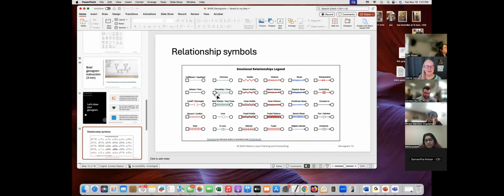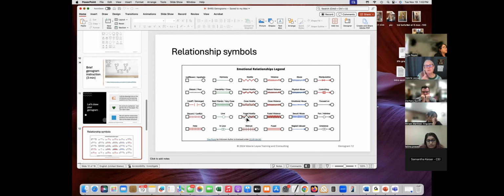The smooth solid lines, as you can see, usually mean a good solid relationship, solid green lines. Dotted lines indicate some distance or a poor relationship. The wiggly lines indicate hostility, and the compressed wiggly red lines indicate violence, and the compressed wiggly blue lines indicate abuse. You've got different ways of denoting what kind of abuse.